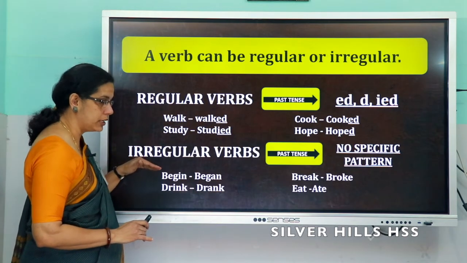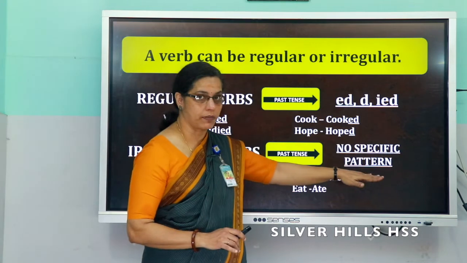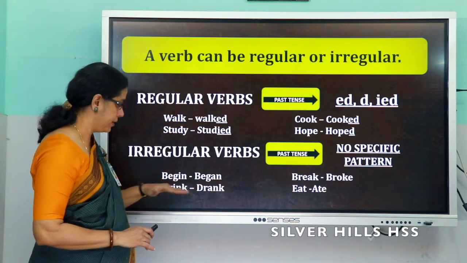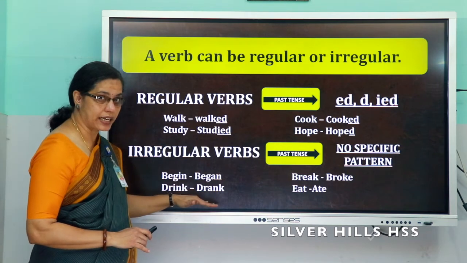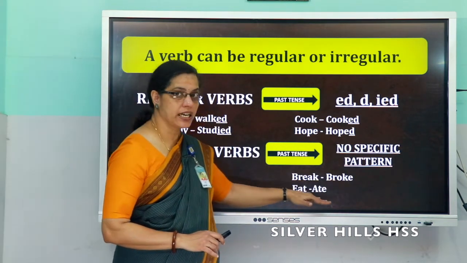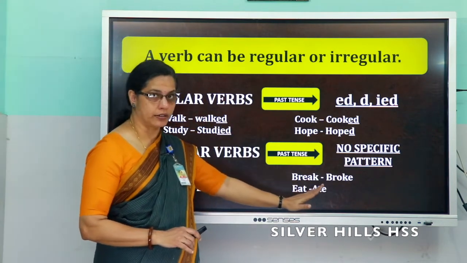For irregular verbs, when we change it into past tense, there is no specific pattern. Begin, began. Drink, drank. Break, broke. Eat, ate. So, there is no specific pattern.